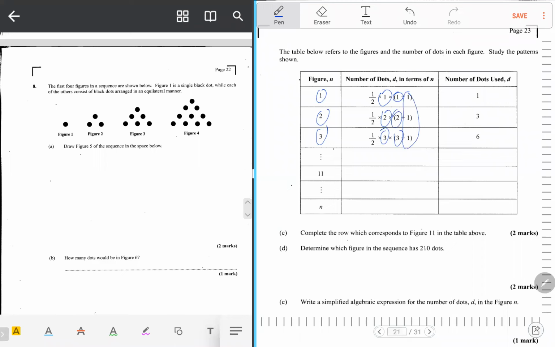So based on that observation, you can get a formula with the n. With the n, it becomes half times the figure number, which is n, times the figure number plus 1.